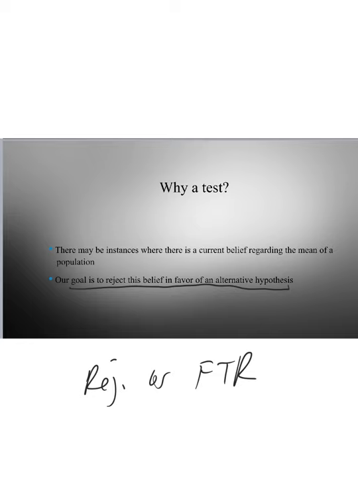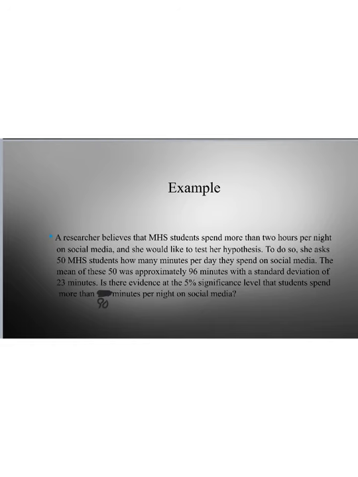For instance, if I say the average height in our building is 5'8", and we get a sample that's 5'8 1/4", that might not be enough to reject mine, but that doesn't necessarily say that 5'8" is correct. What we're really trying to do is see if we're in the ballpark, or if it's statistically significantly higher or lower than the current belief. And so we'll see that here.